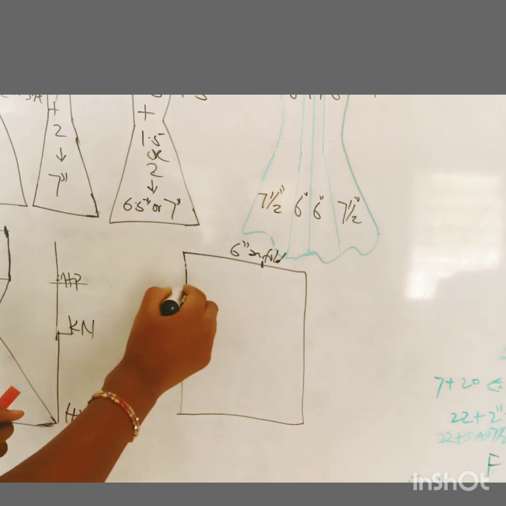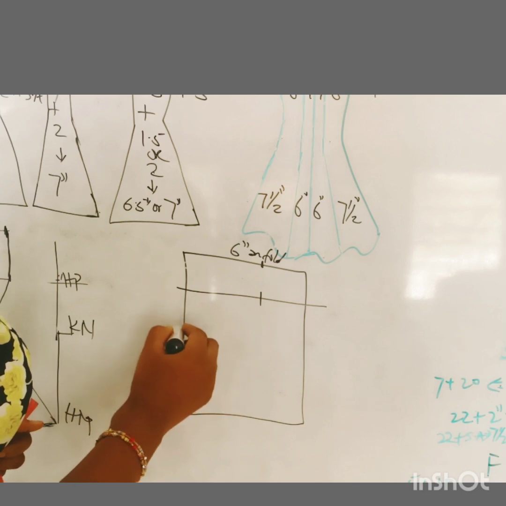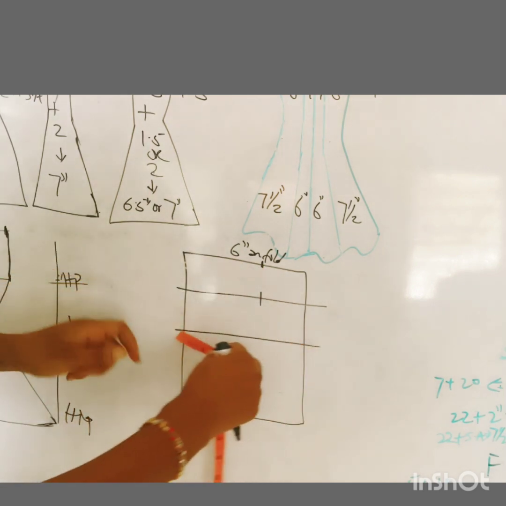So you mark that on the waist, you mark that on the hip. Then for the knee, you go in by 1 inch.